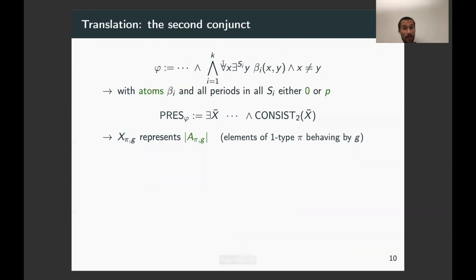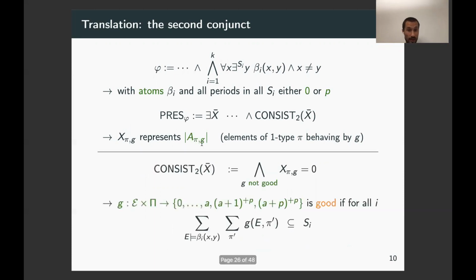Okay, let's move to the second part, and here it's a bit more complex, but the first idea is kind of similar. Now we have that beta, remember, is just a binary atom. So really we don't care about pi, about the 1-type, which talks only about unary stuff essentially. So we care only about g's, about the behavior functions. And what do we need?